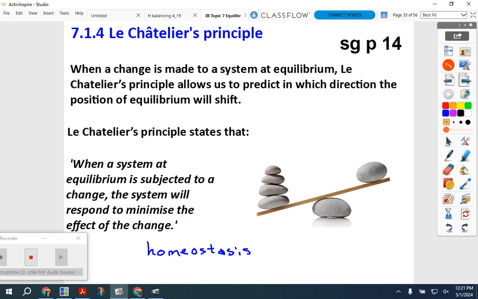If it gets too cold, the heat clicks on and takes you back to your set point. This is a little bit different because you're not going to go back exactly to the same set point. You're going to shift the equilibrium in one direction or another. But we are going to go back to equilibrium eventually, and that shift is going to be in the direction that's going to counteract whatever the perturbation was.